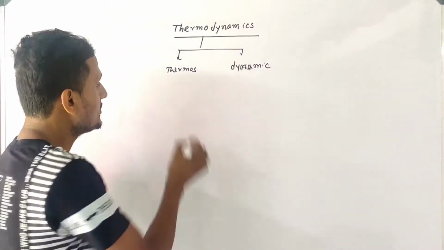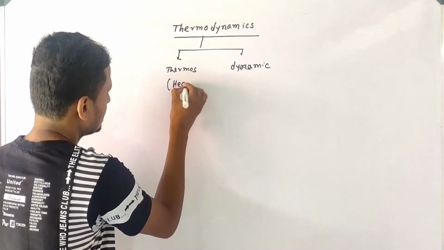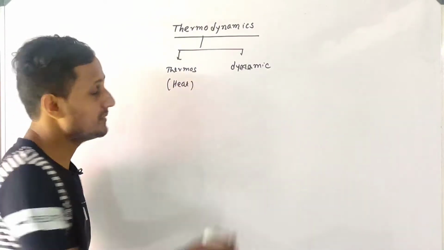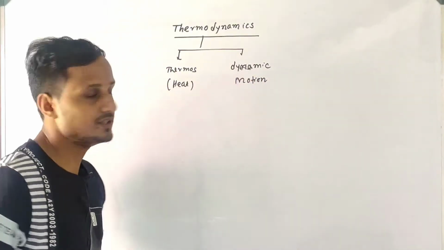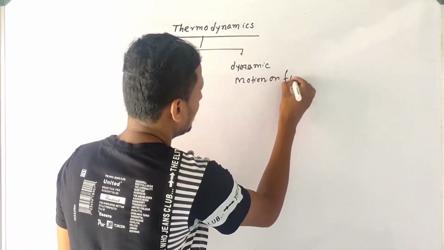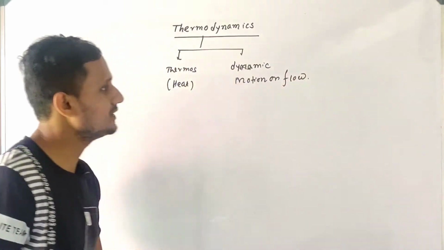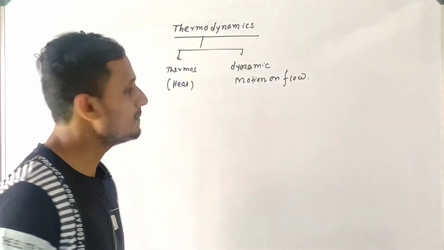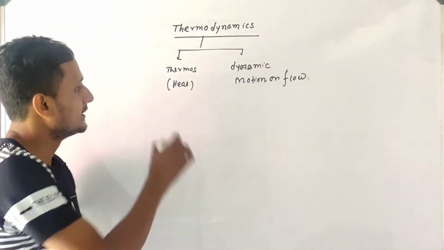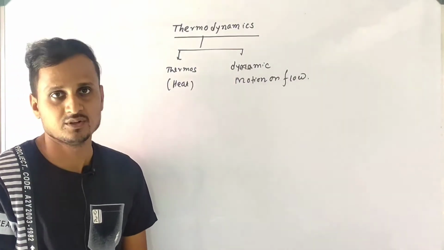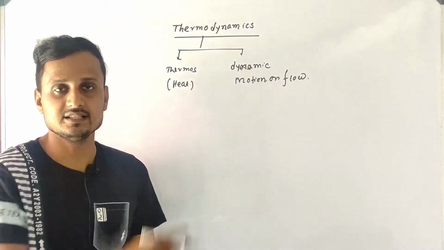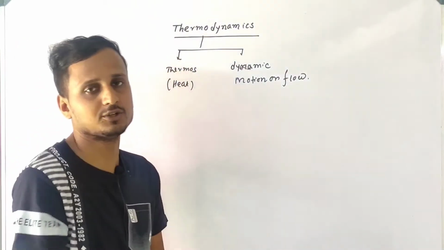Thermos means heat, and dynamic means motion or flow. So here we have to discuss the flow of heat or motion of heat. This is nothing but the flow of heat or motion of heat.